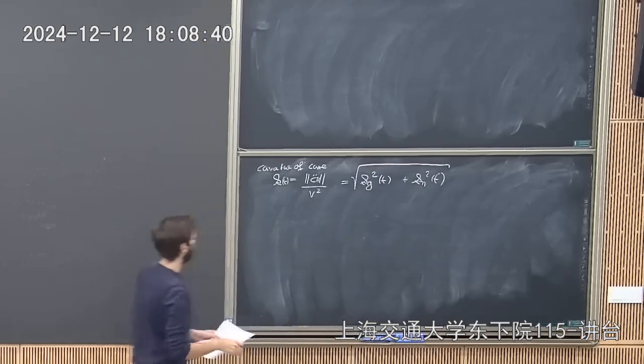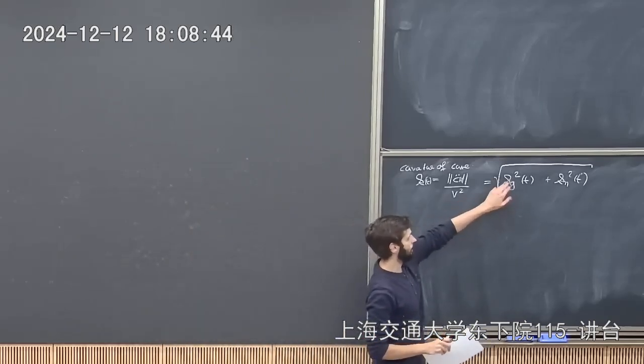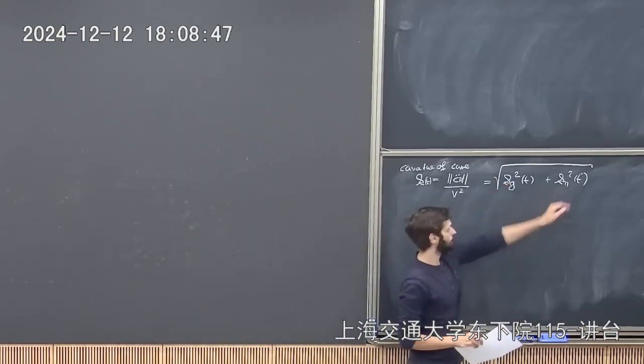So that's why these functions are called k with some subscript.